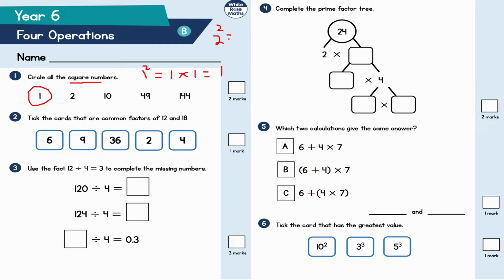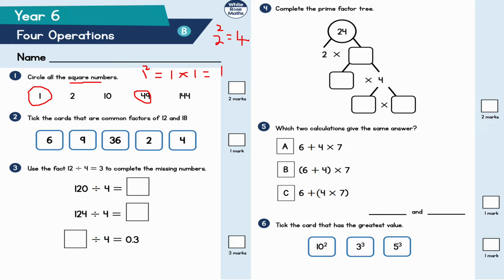Now we should know that 2 squared, 2 times 2, is 4. Okay, 4's not on there. 2 is not a square number because I can't take the square root of 2 and get a whole number answer. 10 is not a square number. 49 is, because 49 is 7 squared, or 7 times 7.